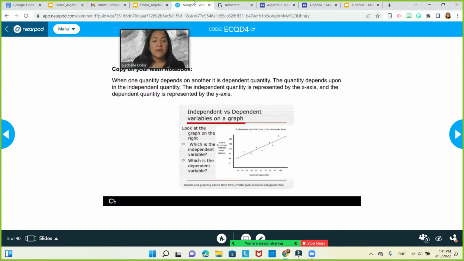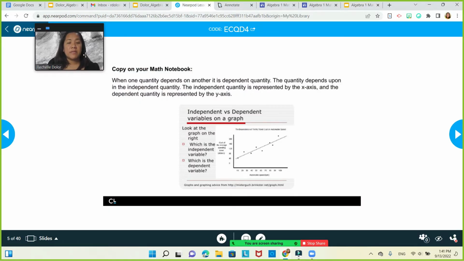What's the meaning of independent and dependent quantity? So when one quantity depends on another, it is the dependent quantity. The quantity it depends upon is the independent quantity. The independent quantity is represented by the x-axis and the dependent quantity is represented by the y-axis.